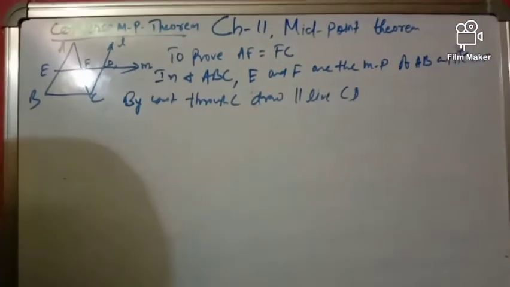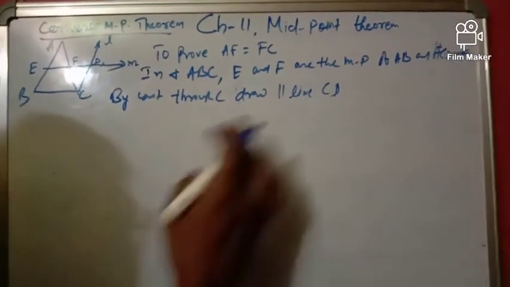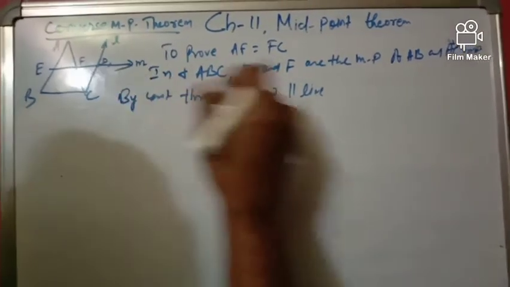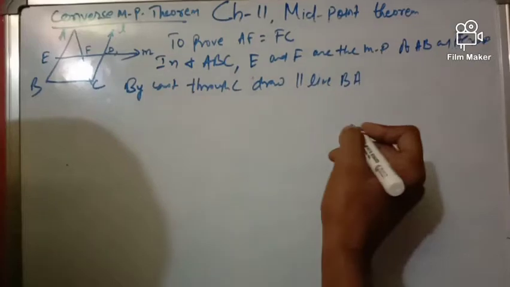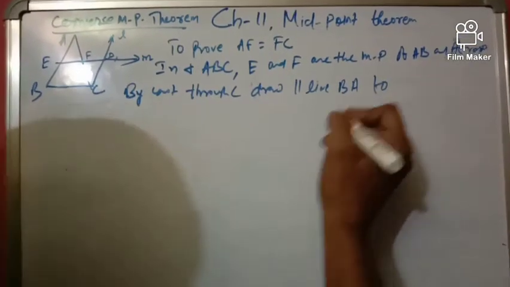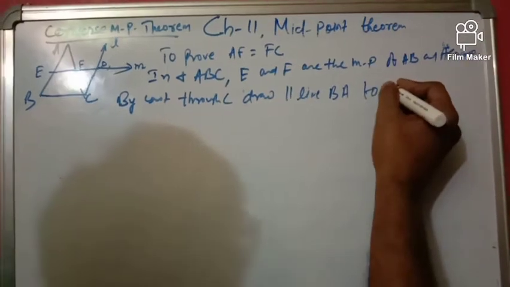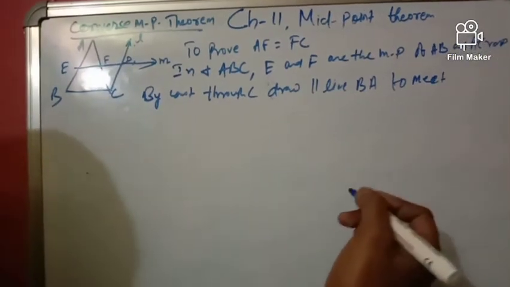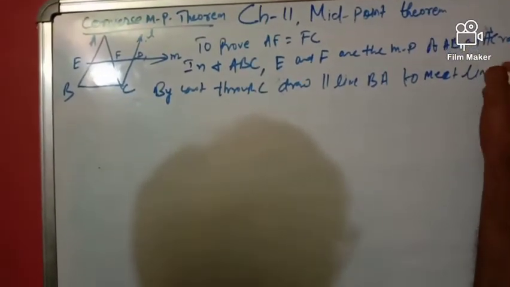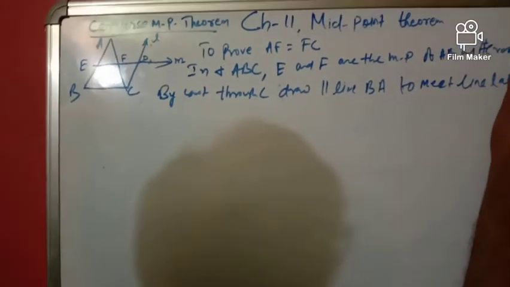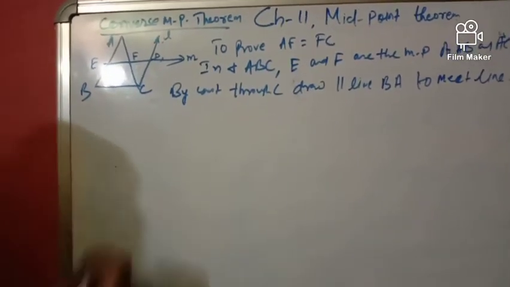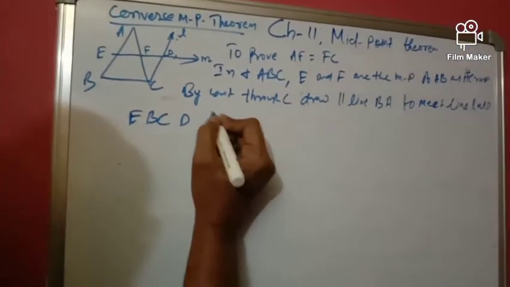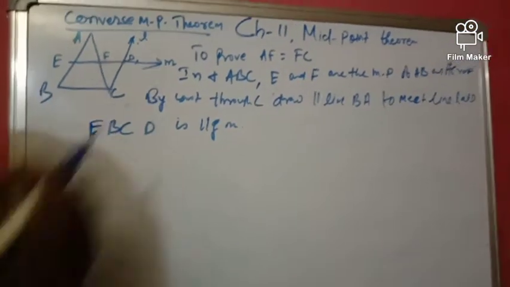Through C, draw a line CD parallel to BA, to meet line L at D. So EBCD is a parallelogram.